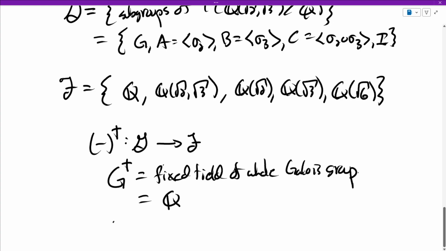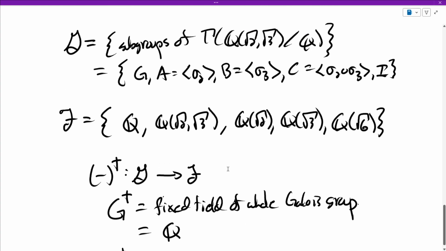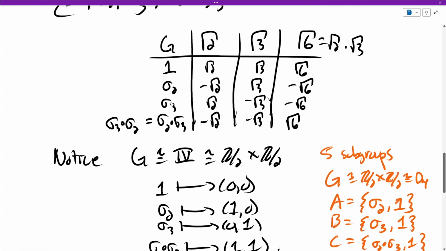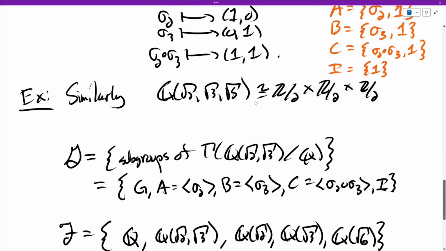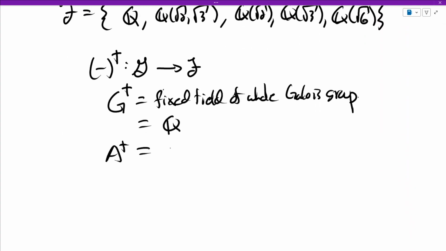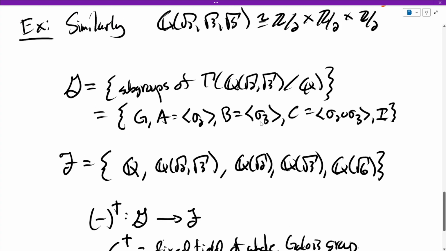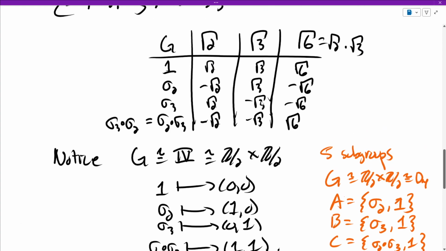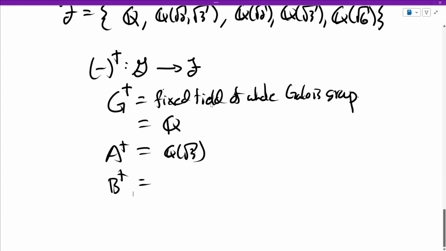All right, now let's work out A dagger. A dagger is the fixed field by sigma 2. Sigma 2 negates root 2, but it leaves root 3 alone. So A dagger is Q adjoin root 3. B dagger: B is generated by the one that negates root 3. So what do we leave alone? We leave alone root 2. So it's Q adjoin root 2. C dagger, what was C?